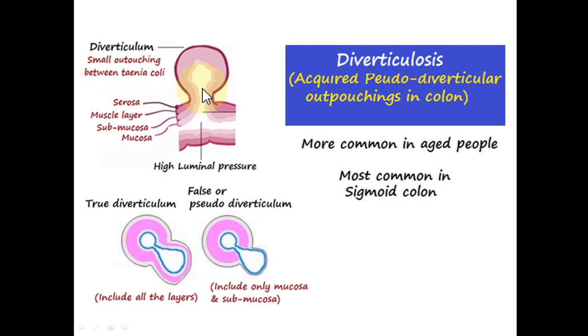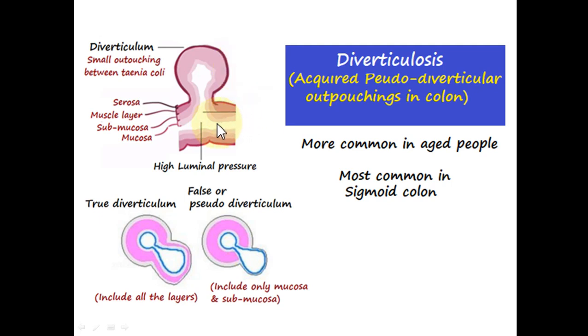So the area of the circular muscle, smooth muscle cells, where the tinea coli of the longitudinal muscles are not present, and particularly in those regions where the vessels and nerves and their sheaths enter into the intestine, they are the weak points.